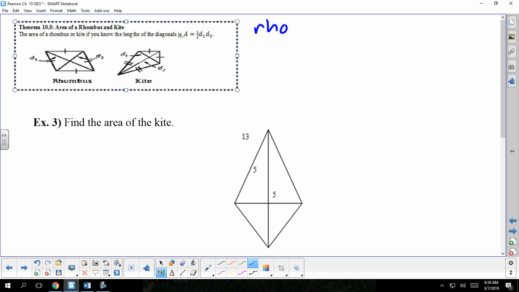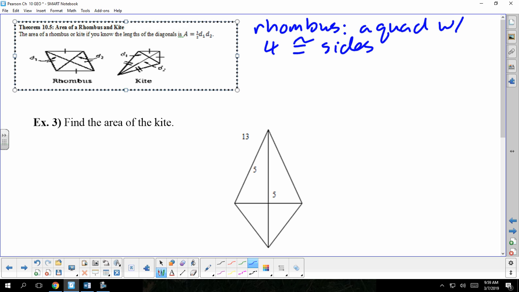So a rhombus, a quadrilateral with 4 congruent sides. This also makes squares rhombuses. And that being said, we can use the formula for the area of a rhombus for the area of a square as well.